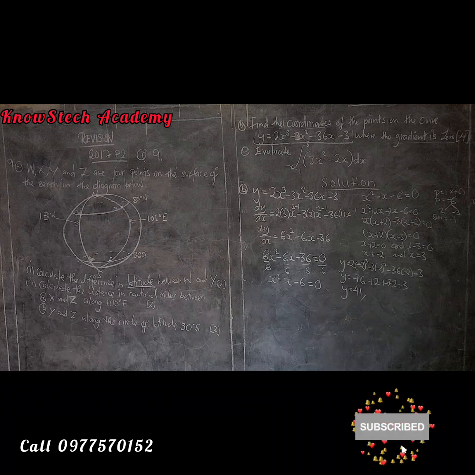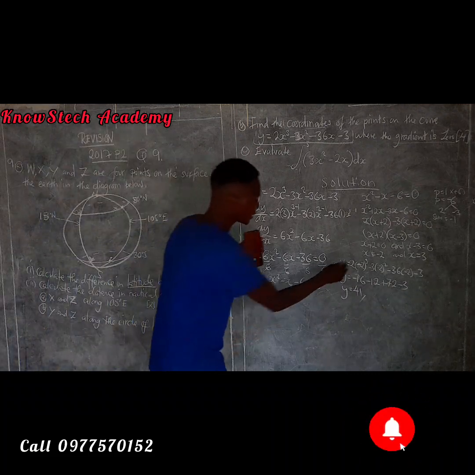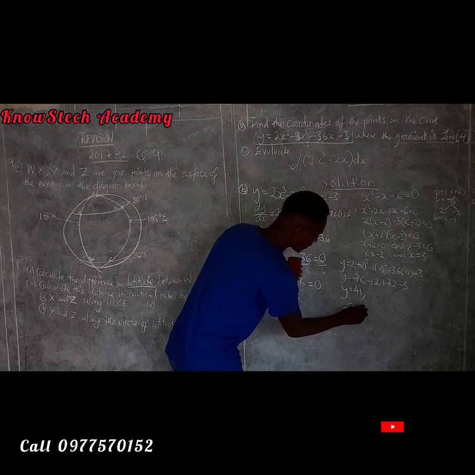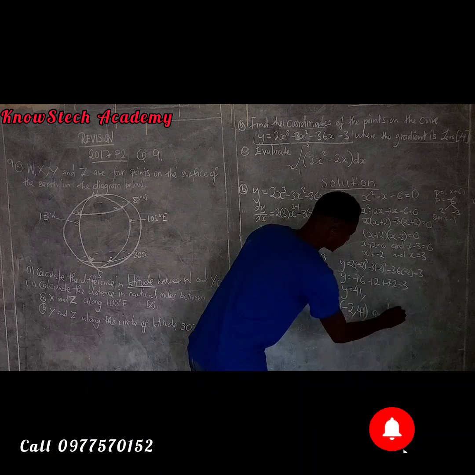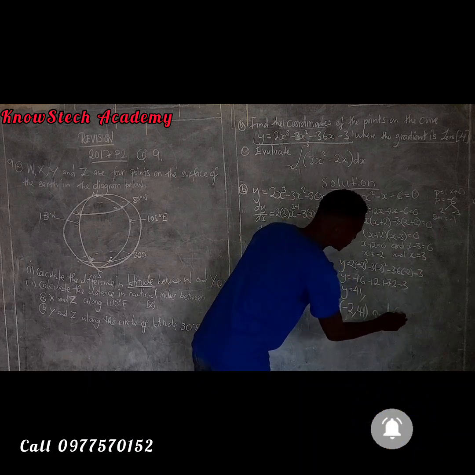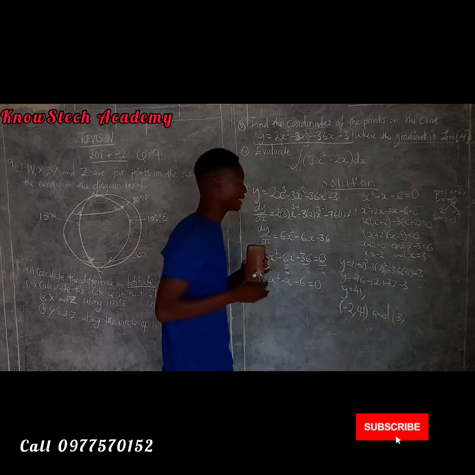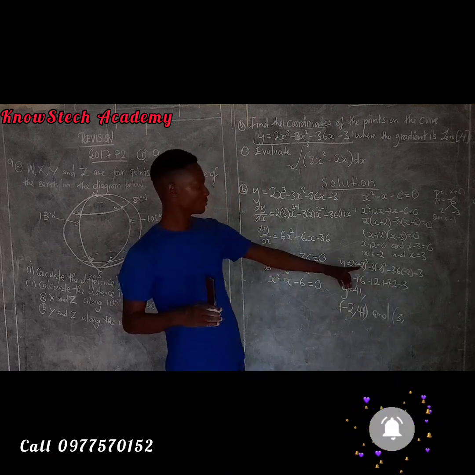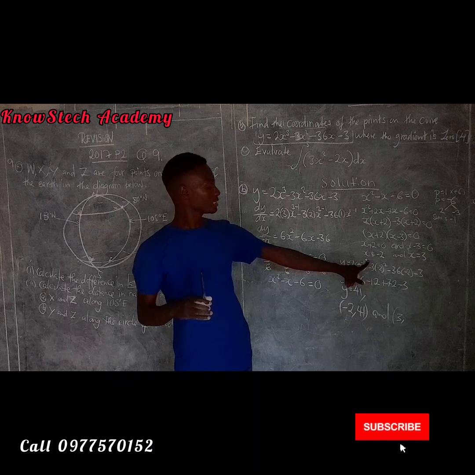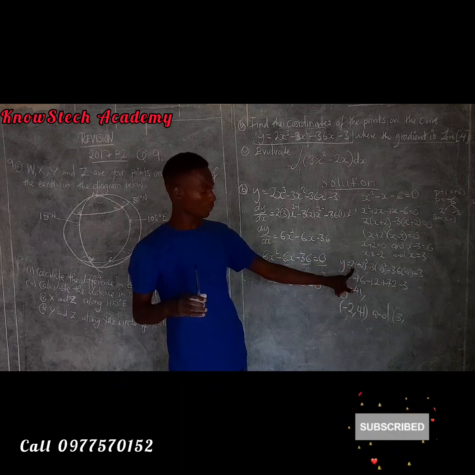So one of the coordinates is negative 2, comma 41. And for positive 3, comma, what is y? When you substitute positive 3, 3 to the power 3 is 27. 27 times 2 is 54.